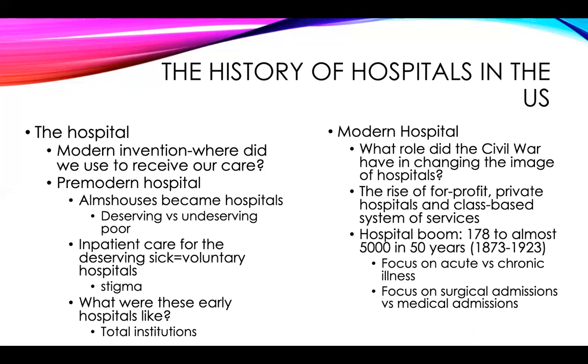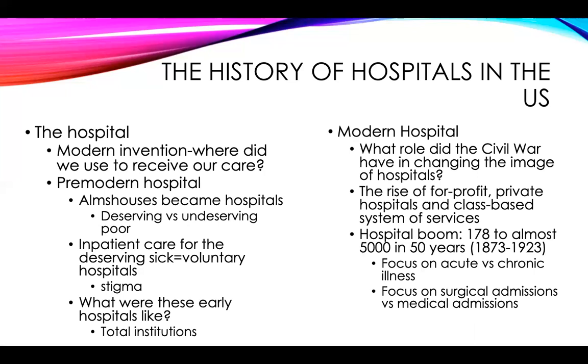The focus at this time is on acute illness, not chronic illness. And it's on surgical admissions, not medical admissions, right? So once again, if it's a chronic illness, or something that requires medical care and not surgery, this is not what these hospitals were initially used for.